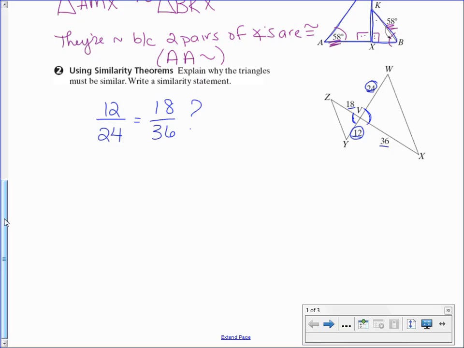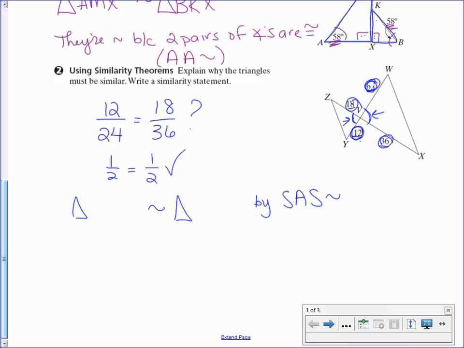If those things are proportional, if that equation is true, the triangles will be similar. So let's see, 12 to 24 is 1/2, 18 to 36, also 1/2. So triangle 1, 2, 3 is similar to triangle 4, 5, 6, we'll name it in a second, by side-angle-side similarity. Two sides and their included angle are proportional to two sides and the included angle of another.